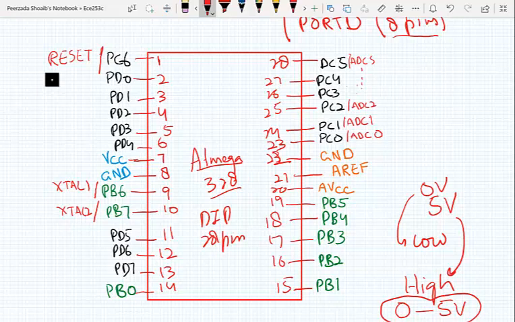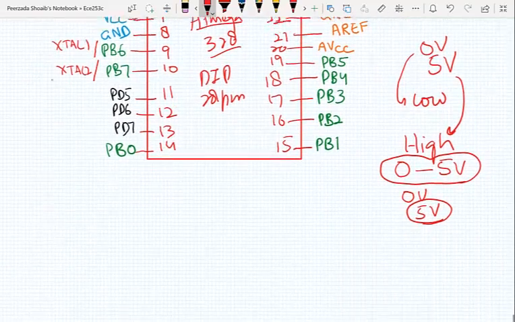Now, how do we take data? How do we use any of these 3 ports as input output? Before using any of these 3 input output ports, they must be configured either as input or as output. After that, we can either take input from these ports or give output on these ports.